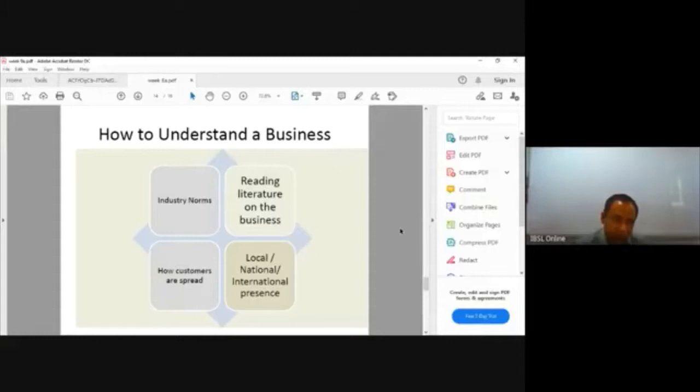So now, if you go for, say, construction business and all that, you should know how long it takes. Somebody putting up a condominium property, what is the way they are doing it?